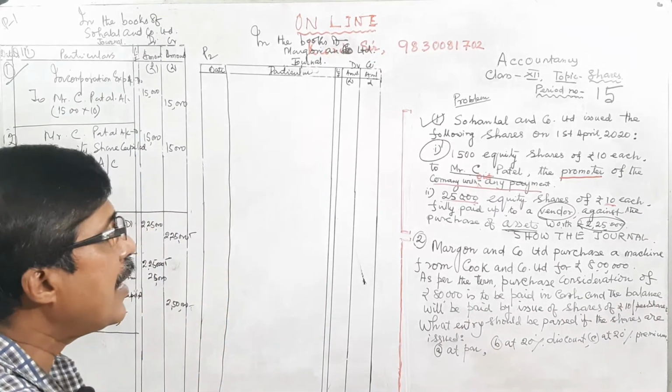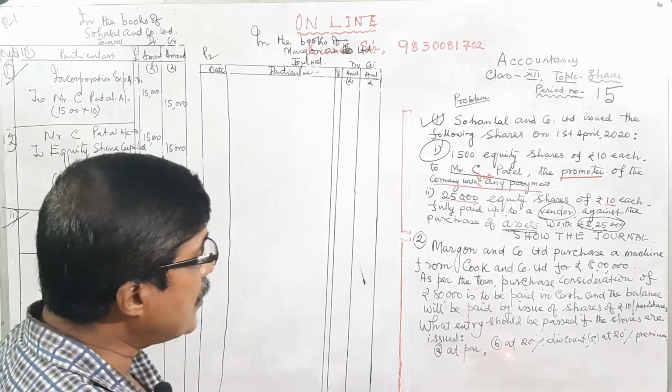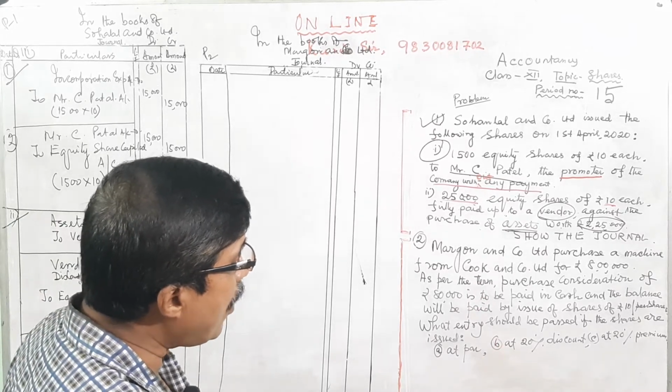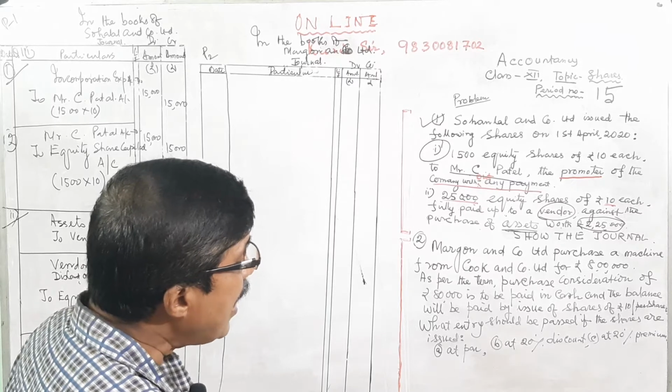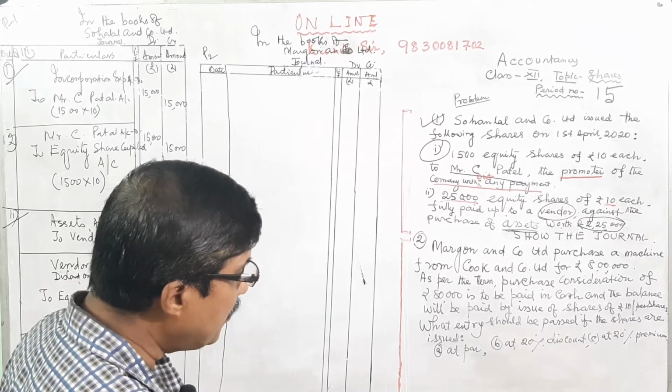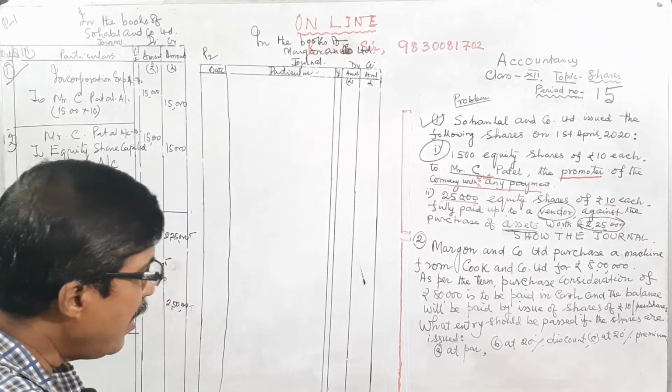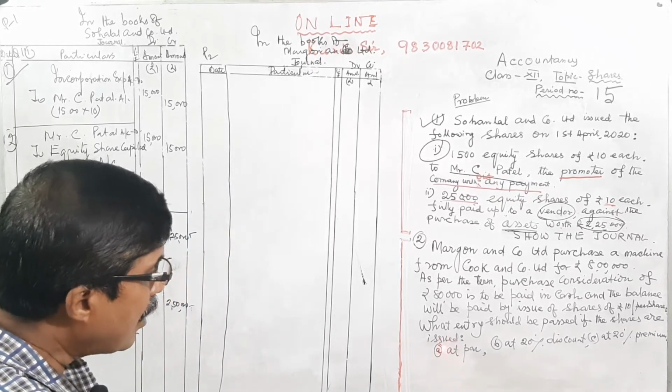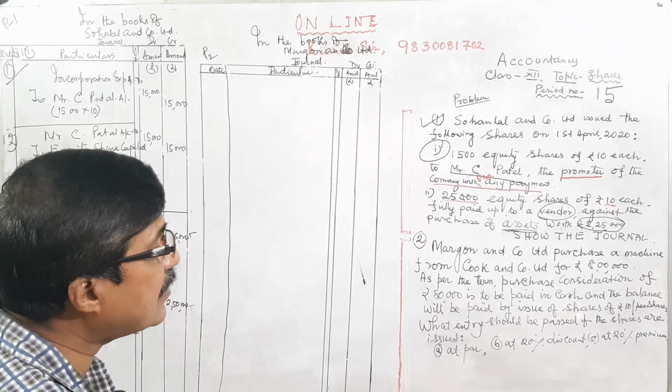Next one, 80,000 and the balance part is to be paid off by issuing shares at the rate of 20% discount. And third, 80,000 payment is common for these.